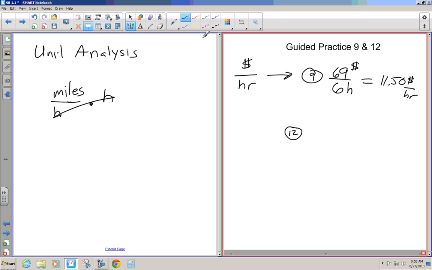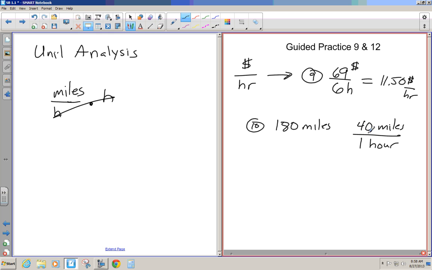Take a look at number 12. Well, let's do an extra one here, since we didn't do an example. I'll go ahead and do number 10 for you. Number 10 says, how long does it take to travel 180 miles at 40 miles per hour? So the information we have is 180 miles, and we have 40 miles per hour. And we want to know how long it takes.